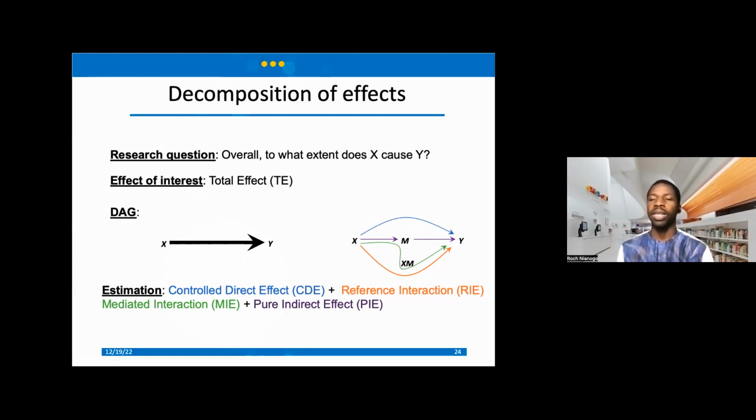So those are the 4 basic effects when you actually break down the total effect, right? So hopefully that's clear enough, and that allows you to understand the different parts that go into a total effect.